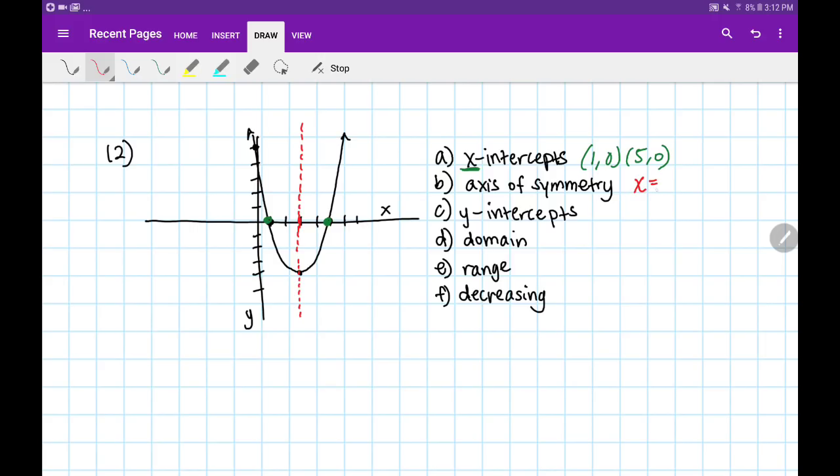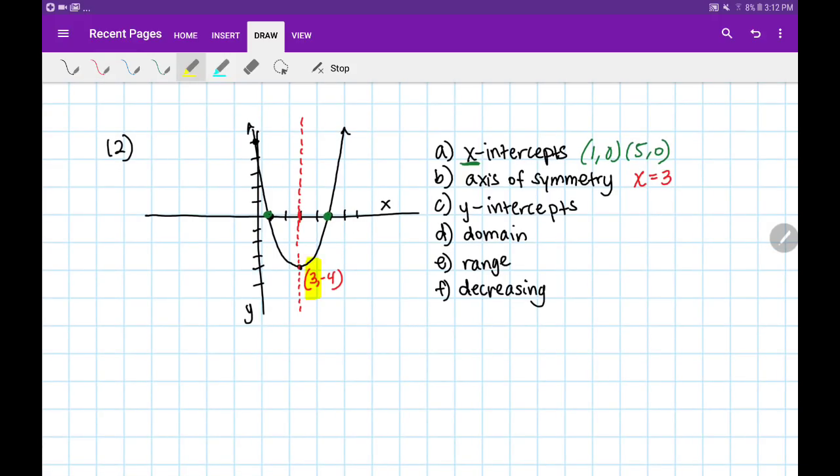It's the line x equals, oh wait, that's actually positive 3. And I could go ahead and label my vertex here as well. It's at 3, 1, 2, 3, 4, so (3, -4). And your axis of symmetry will always go through the x. Right there, x equals 3.